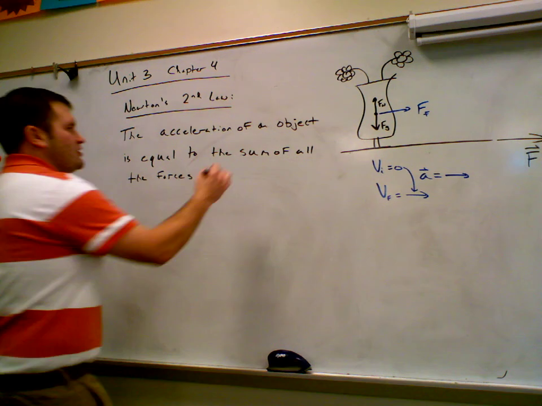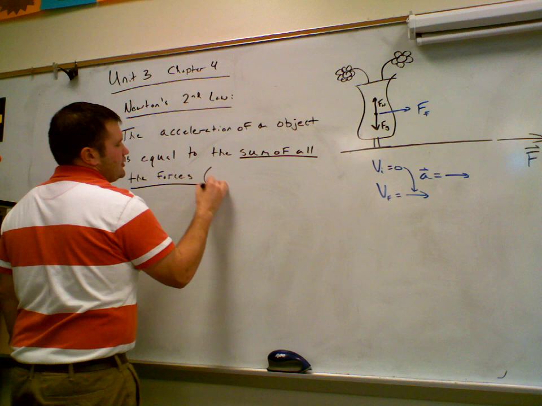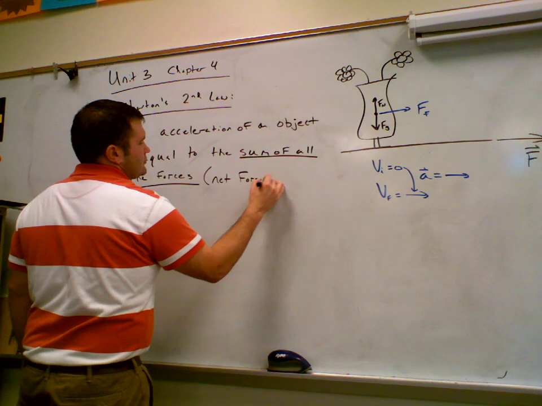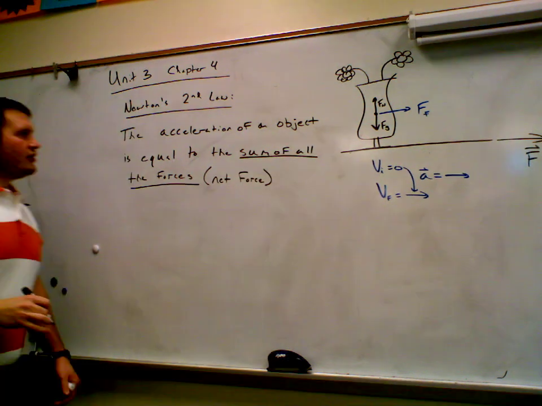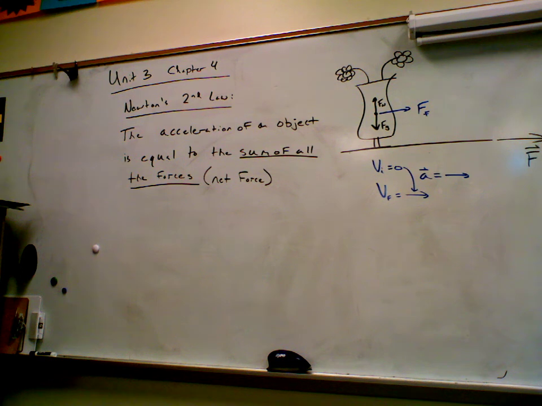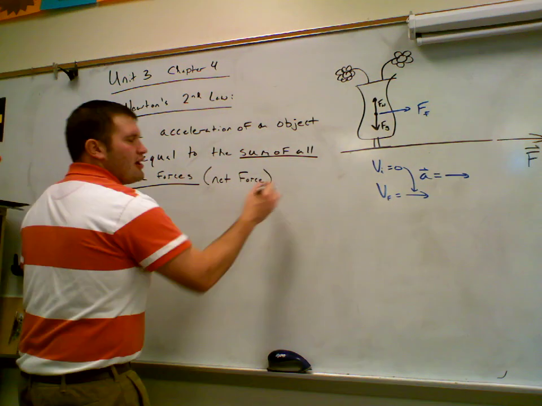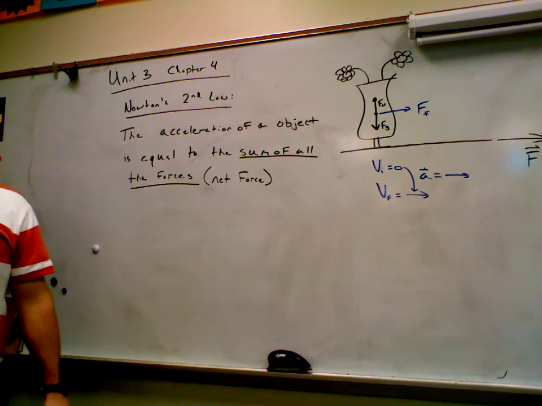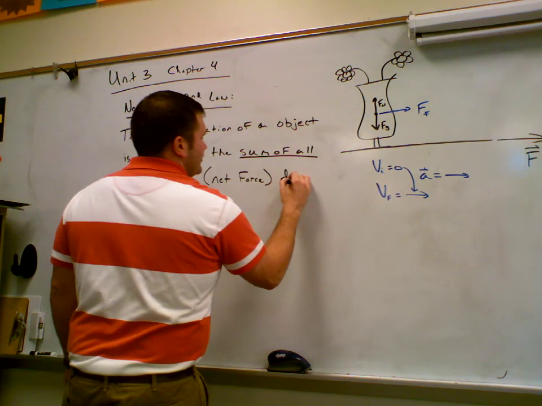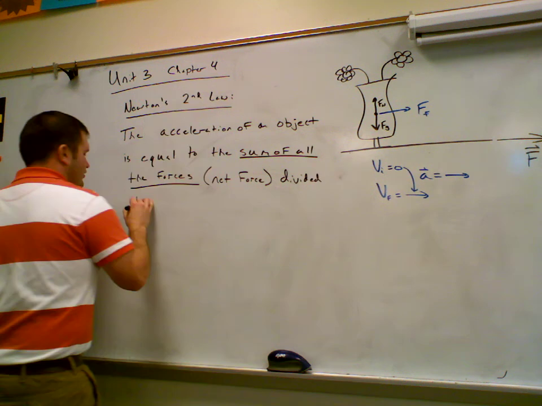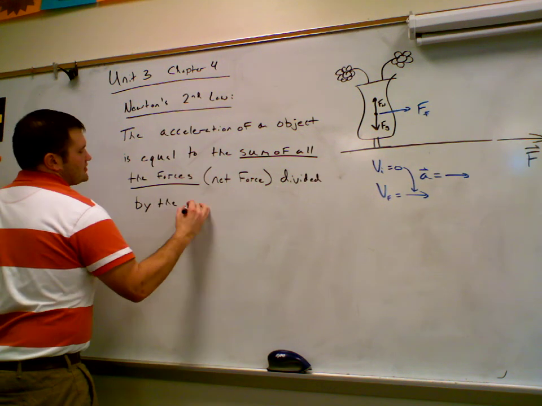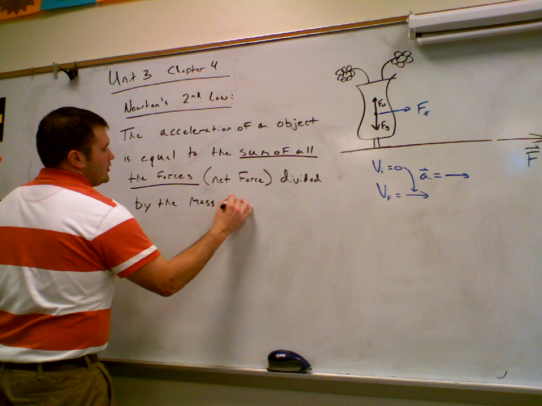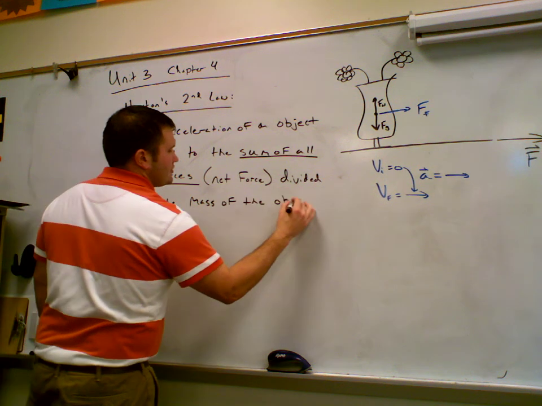Net force. Good. So this sum of all the forces is really called net force. The acceleration of an object is equal to the sum of all the forces multiplied or divided by the mass? Divided, because it's inverse. Okay? Divided by the mass of the object.